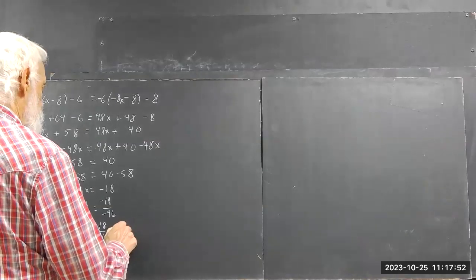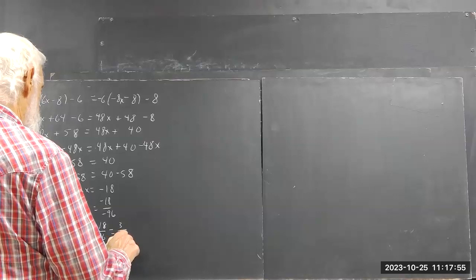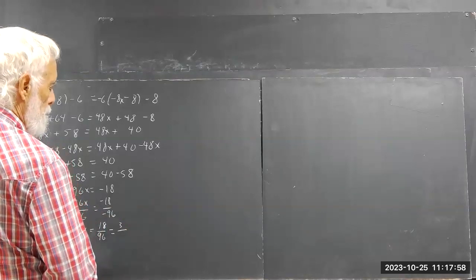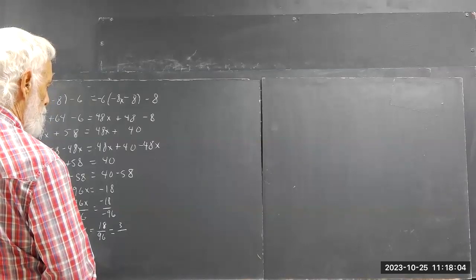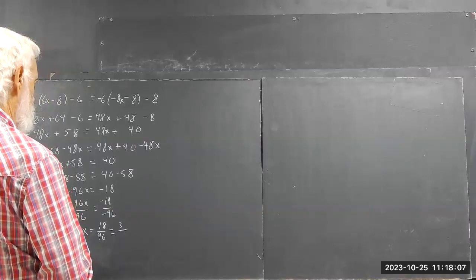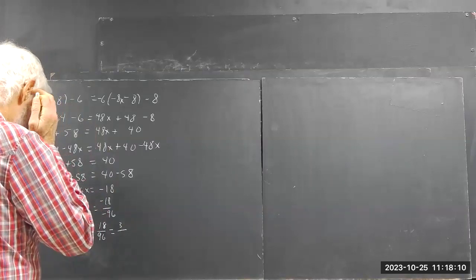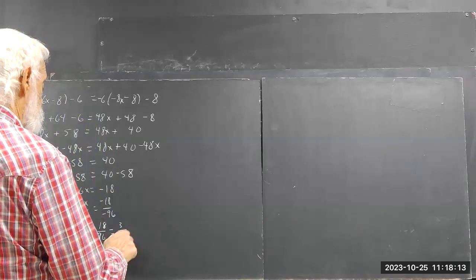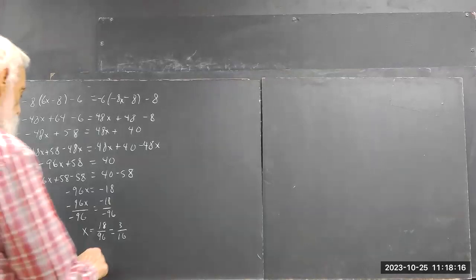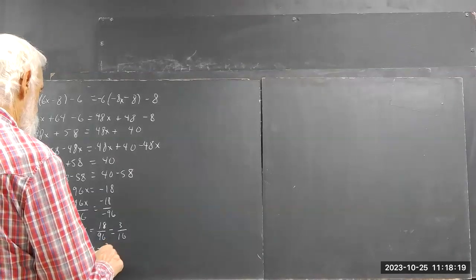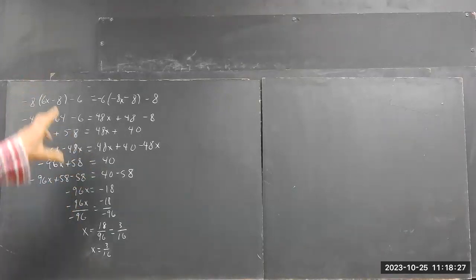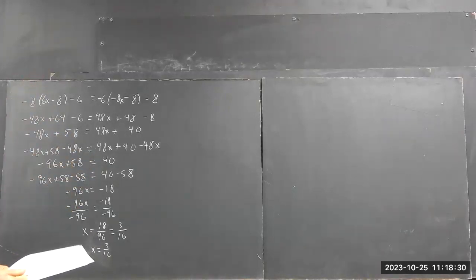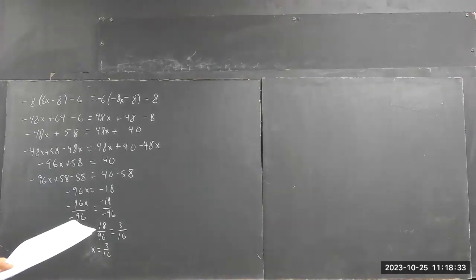And of course, that reduces. I divide that by 6, not 8. Never mind. That's going to be 3 over 16. So our final solution is x equals 3 over 16. And the steps are very straightforward, just there are a lot of them, so we've got to be careful that we do the steps in reasonable order and do them carefully.